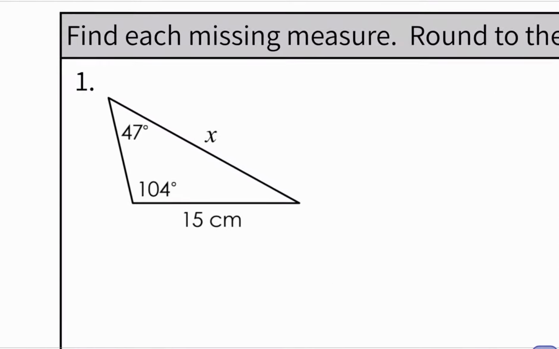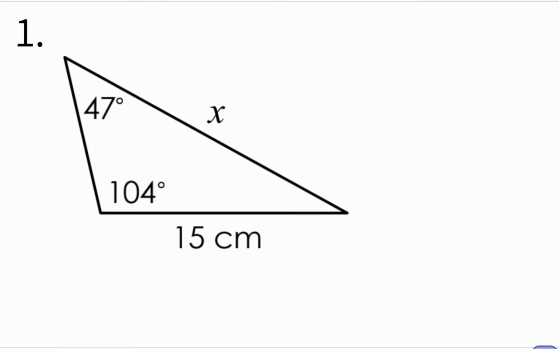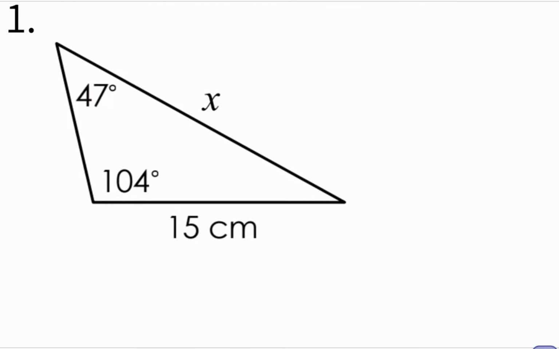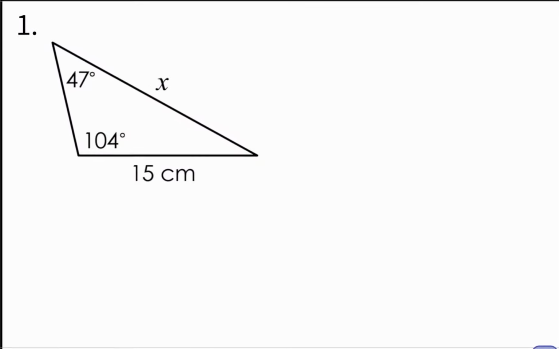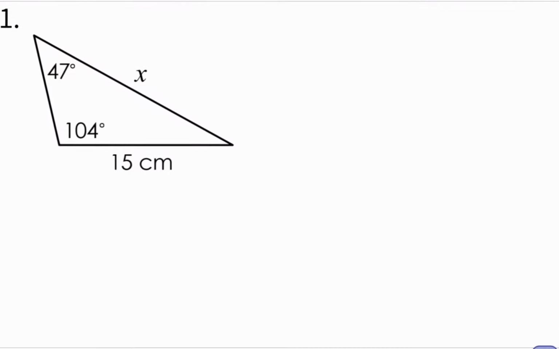So you'll notice that I have a side length that has the letter x. So they want me to find that letter x. The first thing I'm going to do when I'm setting this up is whatever you're looking for, in this case x, set that up as your first ratio. So that side x goes with its opposite angle, that 104.